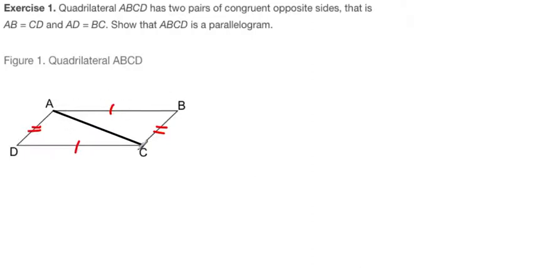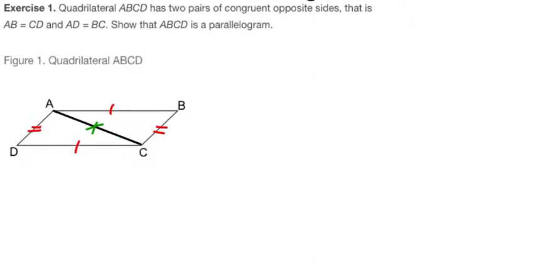Now next, another thing we get to realize is the diagonal AC is in fact reflexive. So therefore these two triangles must be congruent to each other by SSS.